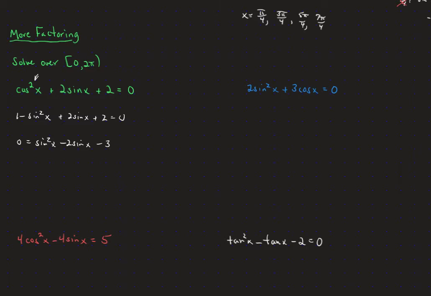So we can do our box and diamond. Remember, we want to multiply to be negative 3x squared, and we want to add to be a negative 2x. So that is going to be a negative 3x and a positive x. We do our box, and we put the x squared in one corner, the negative 3 in the other, and negative 3x in one side and the positive x on the other.